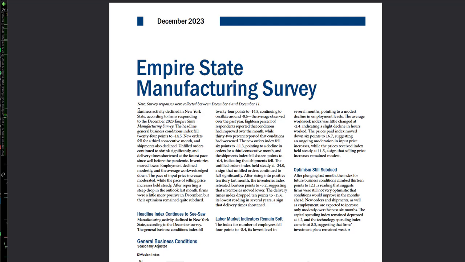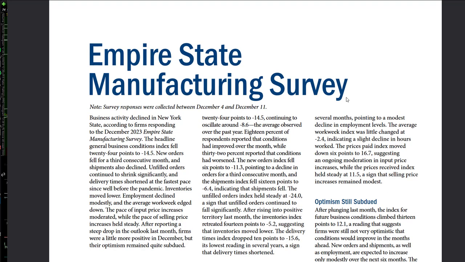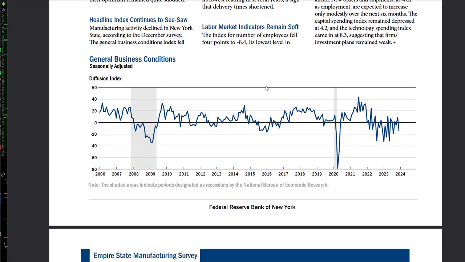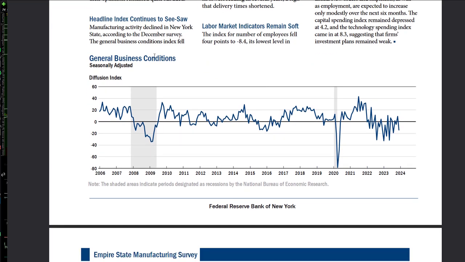It talks about how business conditions are in the state of New York, and it was released. This is the latest week right here. This is the General Business Conditions Index, and New York is clearly in a recession by this metric.